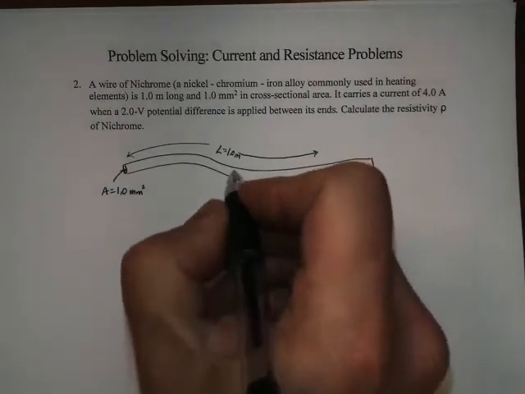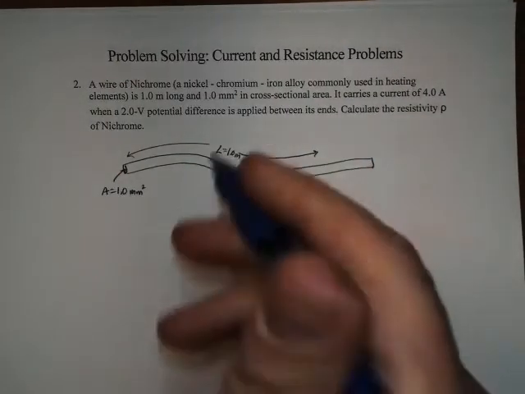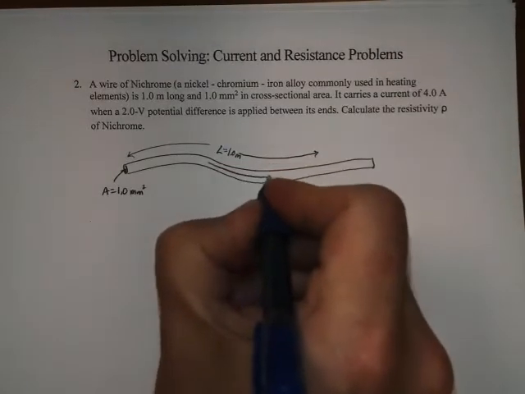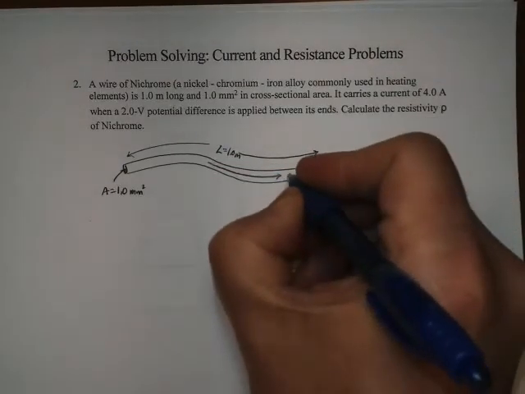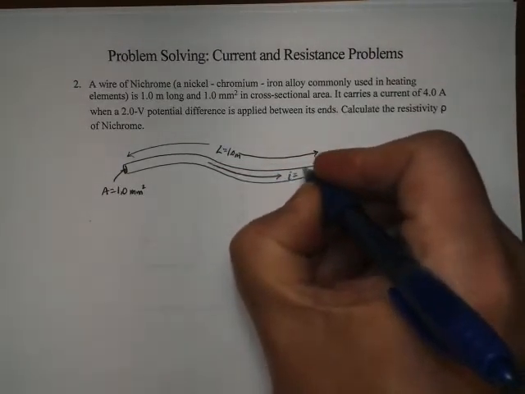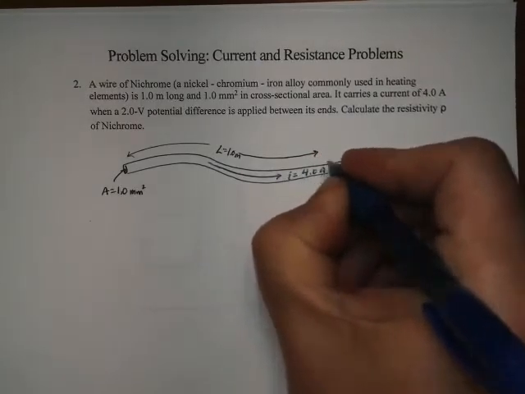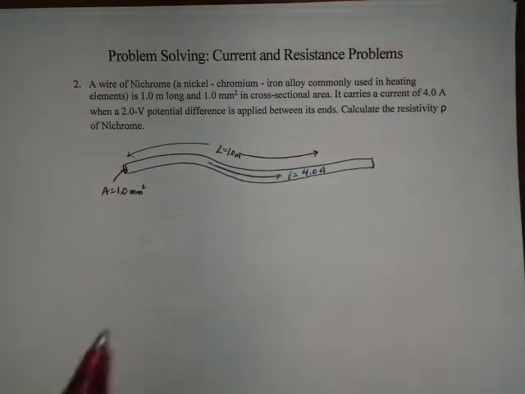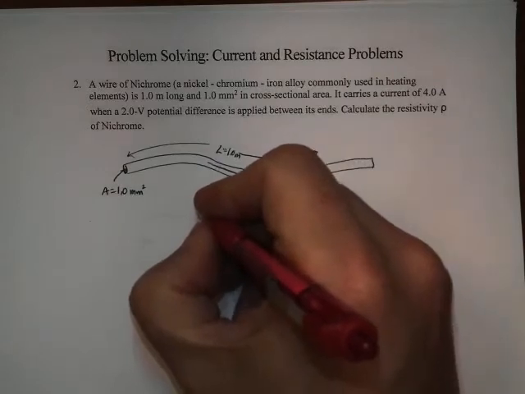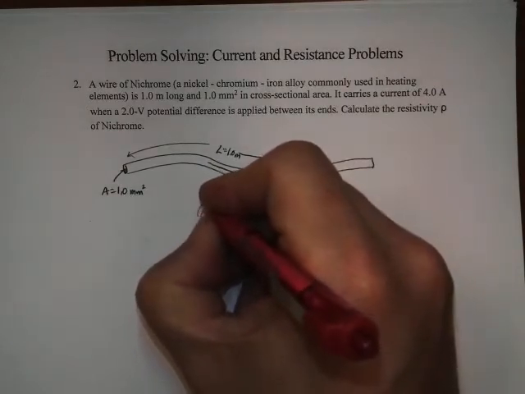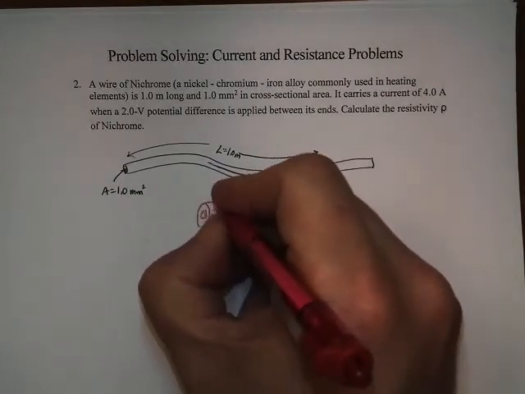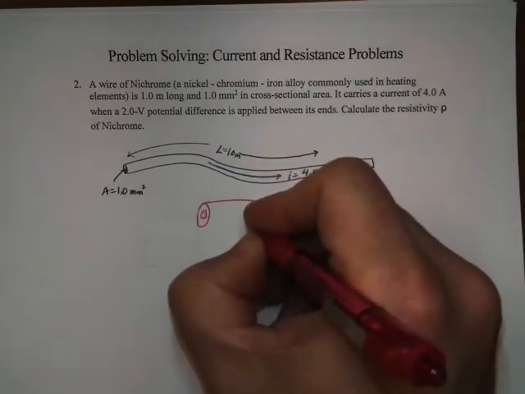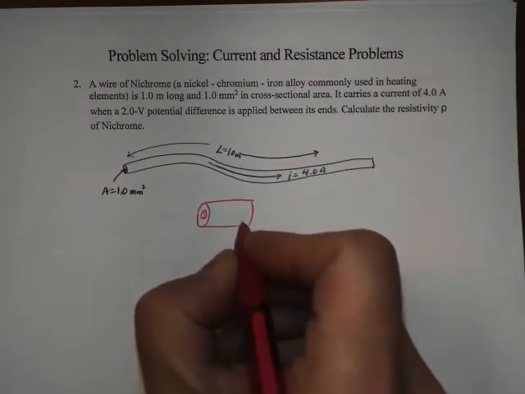And at some point, we're carrying a current of 4 amps, and that happens when we've hooked it up to a battery that has a potential difference of 2 volts.